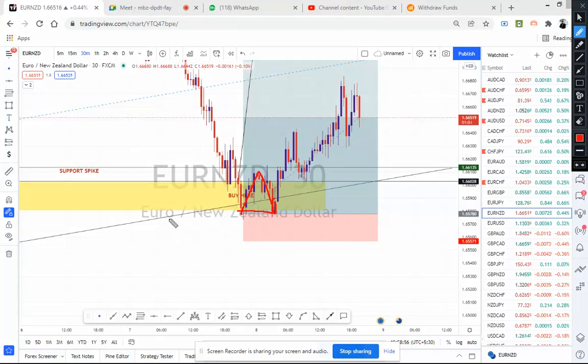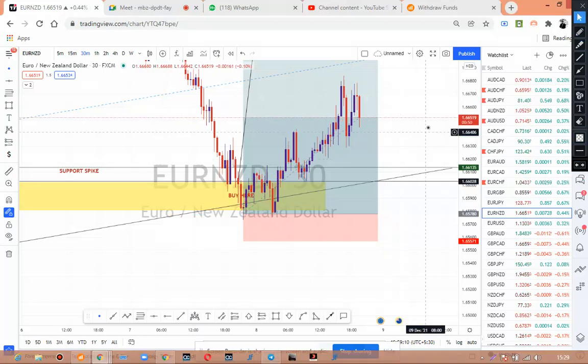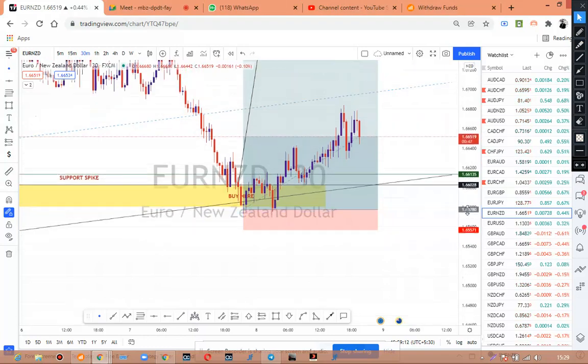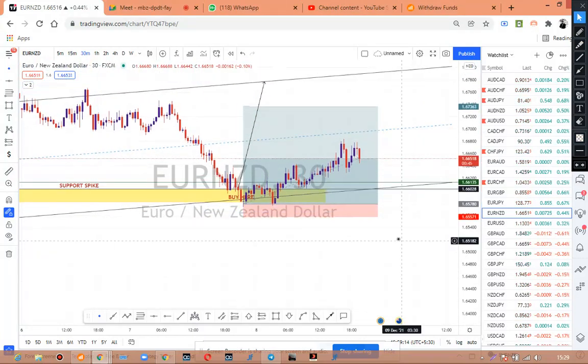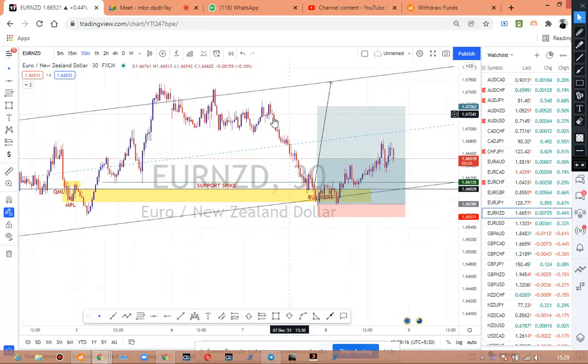But if you look at this line, the market broke the line a little bit, closing below the line. So definitely it's still going up. I'm expecting the price to go more up from this level, because it has already hit the beginning of the level. So it should go more up, at least to this supply zone.